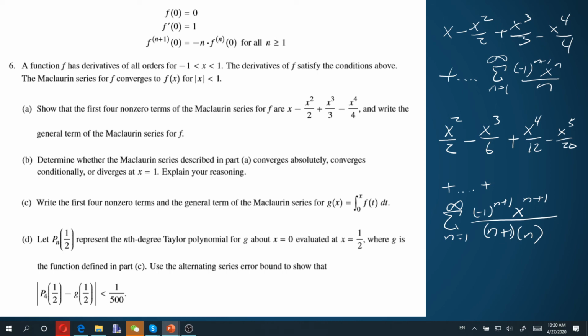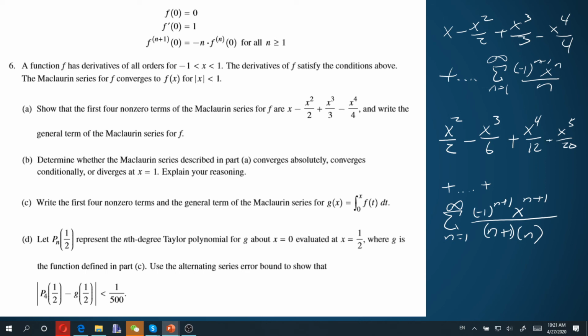So what happens if I plug in 1/2 into our 5th term, the first term that's not used by our 4th degree polynomial? So n is 5, and you plug in 1/2.